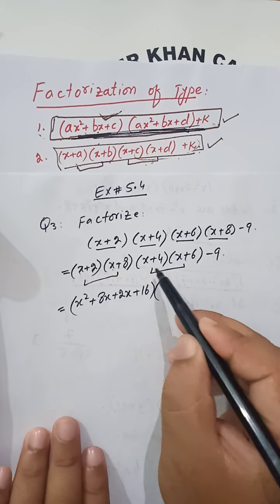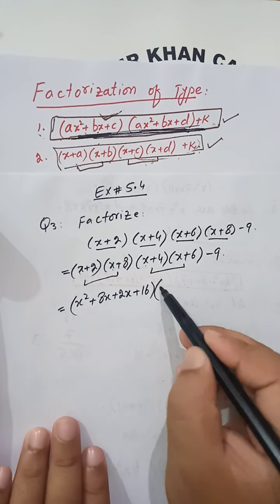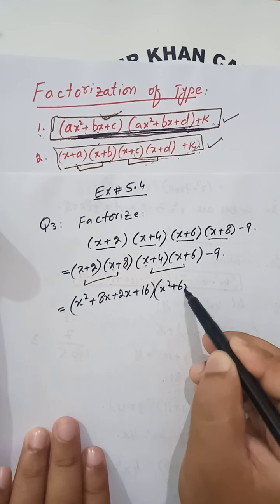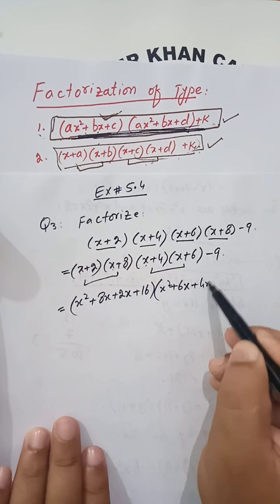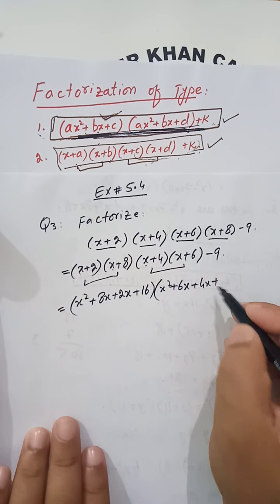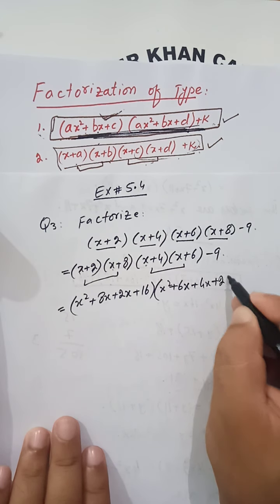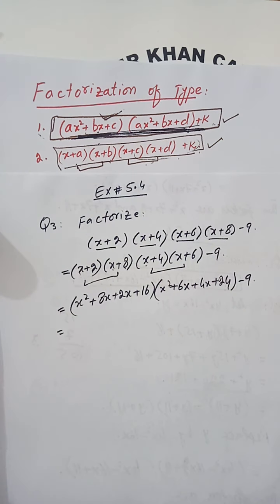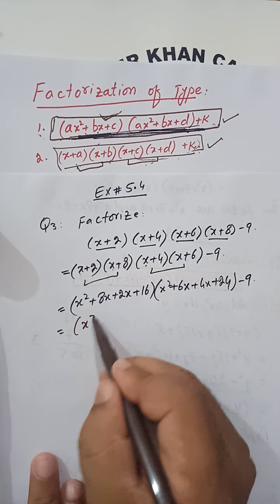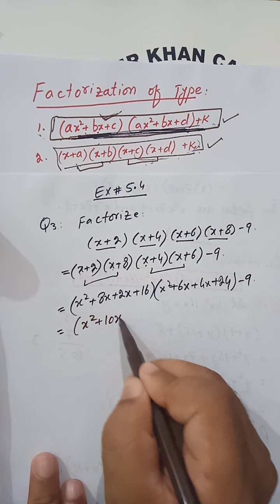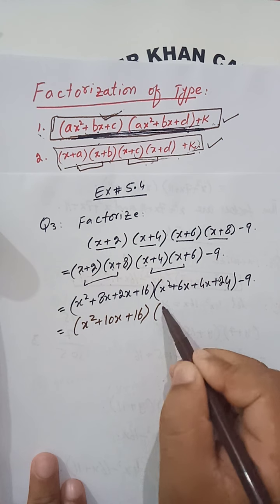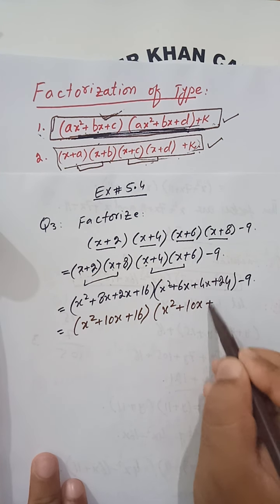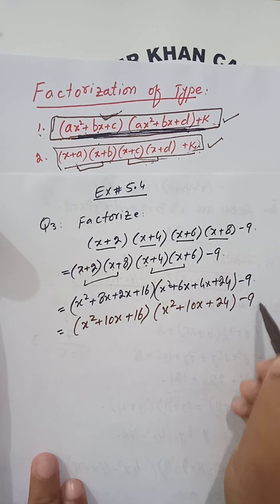Now multiplying x with x, x square; x with 6, 6x; 4 with x, 4x; 4 with 6, 24, minus 9. So this becomes x square plus 10x plus 16, x square plus 4x and 6x is 10x, plus 24 minus 9.